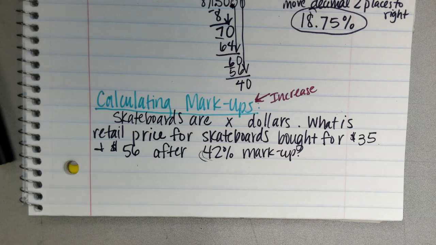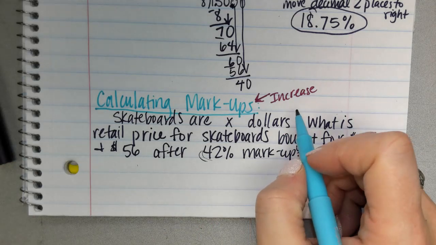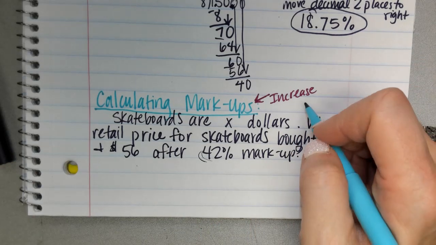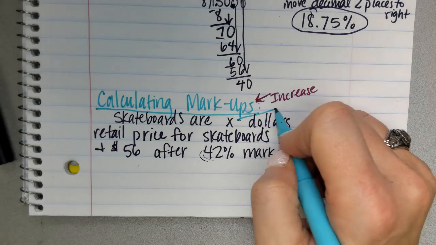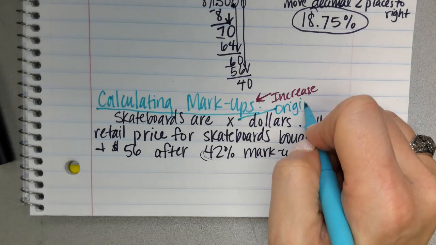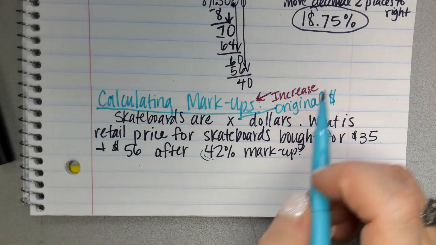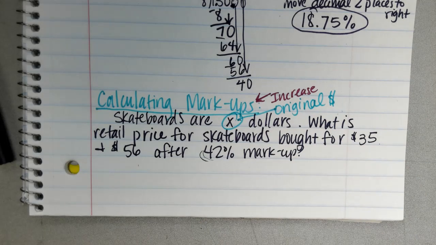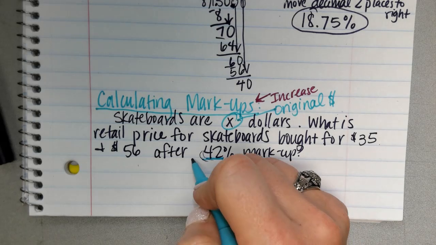The way we're going to do that is we have to think of our formula. This is our original. The X here is your original amount. That's what we're going to use as the original. And then we just have to put 42% back into a decimal.